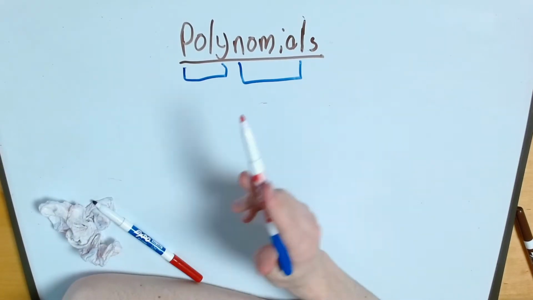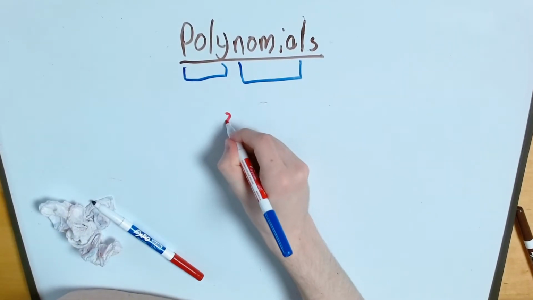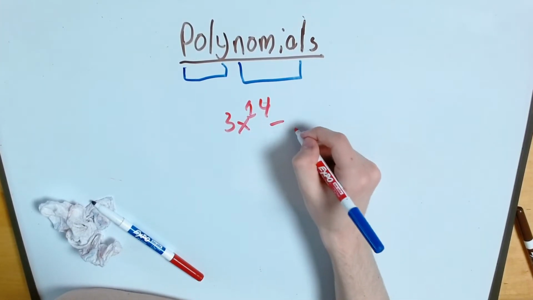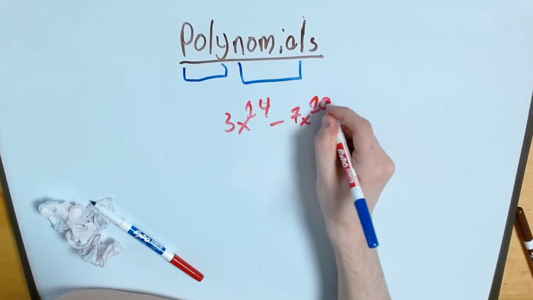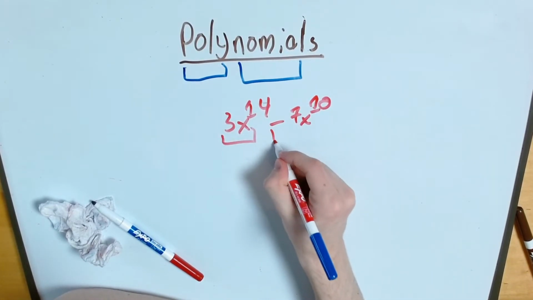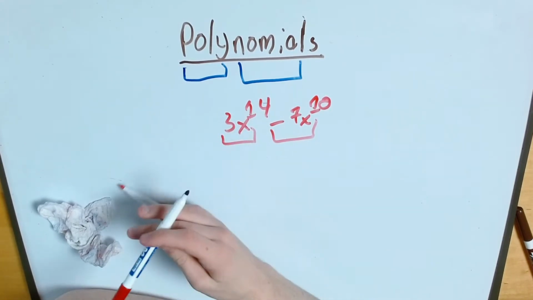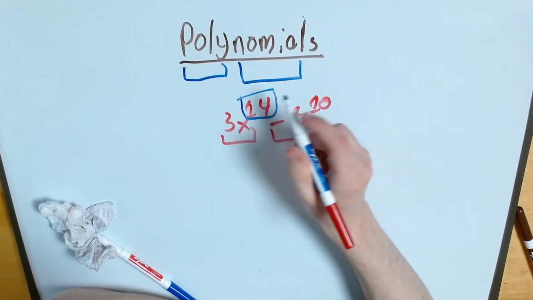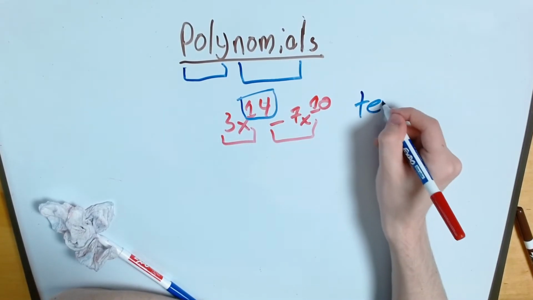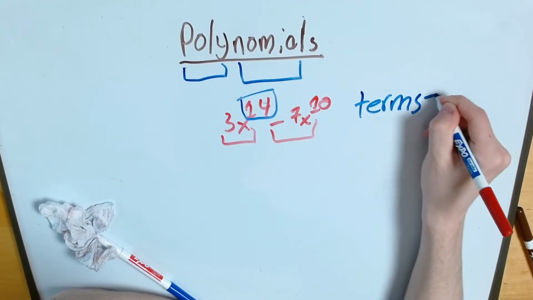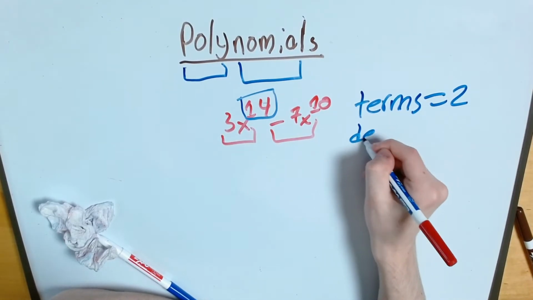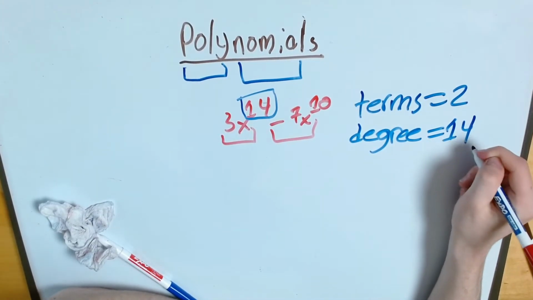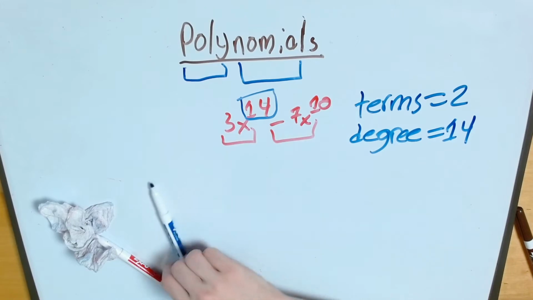If we had a polynomial like 3x to the 14 minus 7x to the 10, well, here we have 2 terms, and we look for the highest exponent power, which is x to the 14. So we have 2 terms, and the degree is 14.